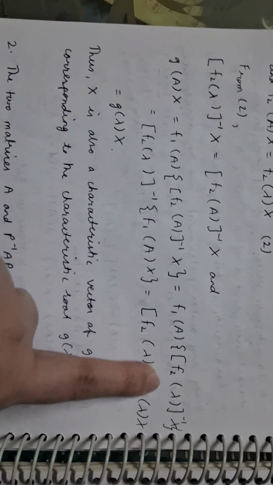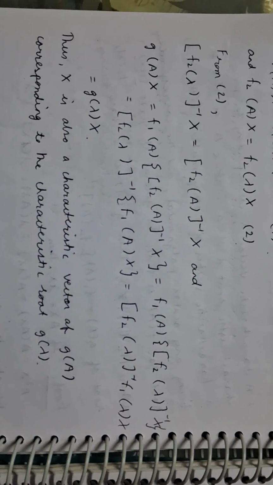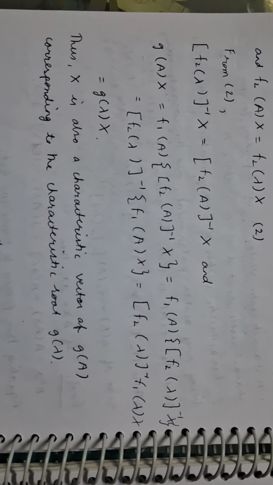On solving this, we get f2(lambda) inverse f1(A) x. We are just separating these two terms, and then we get f2(lambda) inverse into f1(lambda) x. This is equal to g(lambda) x. Thus x is also a characteristic vector of g(A) corresponding to the characteristic root g(lambda).